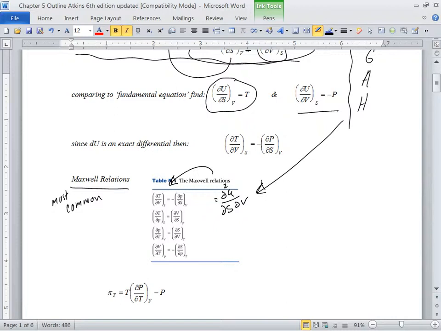Enthalpy is the next one, with respect to P and S. And then the order doesn't matter for Helmholtz, with respect to T and V. And they're just playing around with that.